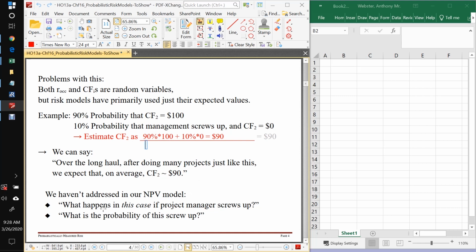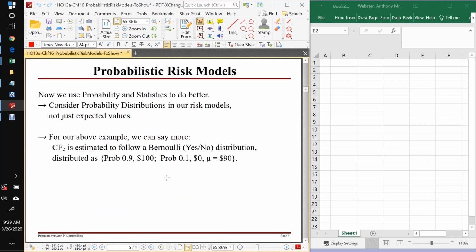And what we haven't addressed in this model is something like what happens in this particular case if the project manager screws up, and what is the probability of this screw up for this particular case. We've just gone ahead and used the $90.